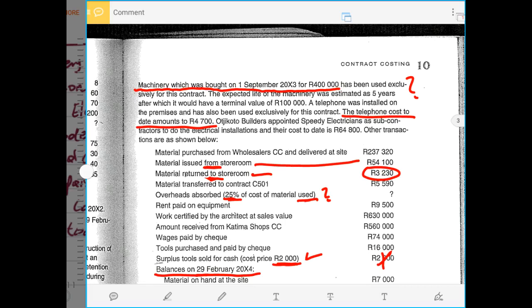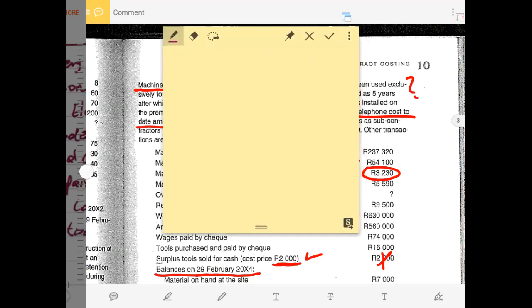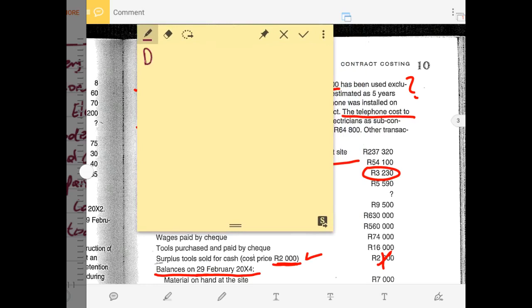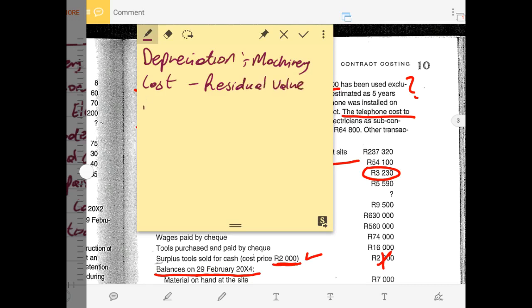So now we go to those calculations. So we first have to calculate the depreciation on the machinery. Depreciation on machine, and we need to know the cost less residual value. The cost of the machine was 400,000, and the residual value is 100,000.